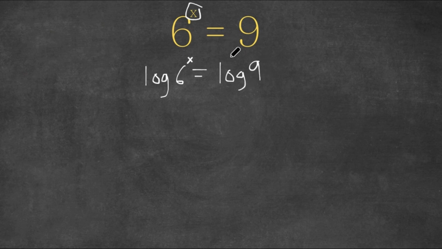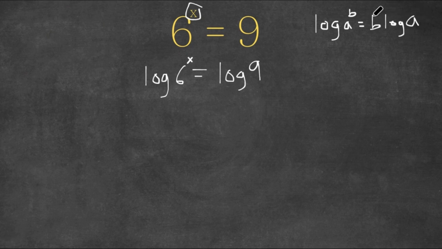And an important property of logarithms is known as the power property. And this states that, let's say if we have log a to the power of b, well, this is the same thing as b times log a.